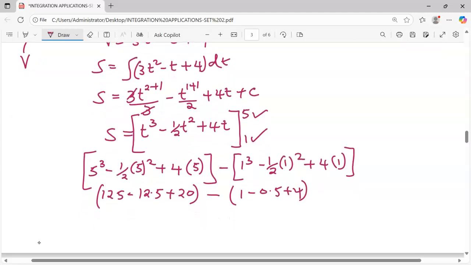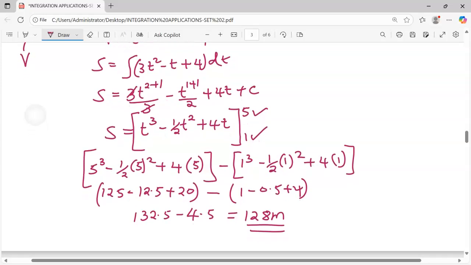Remember, 125 minus 12.5 plus 20 will give us 132.5, minus 1 minus 0.5 will give us 0.5 plus 4, giving us 4.5, and 132.5 minus 4.5, you get 128 meters, since this is distance or simply displacement.